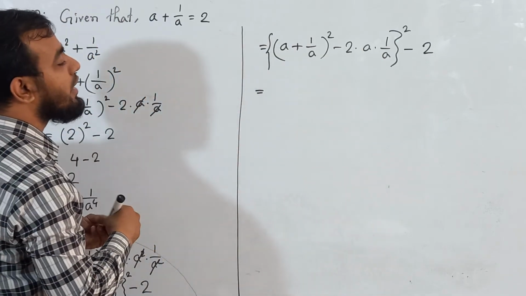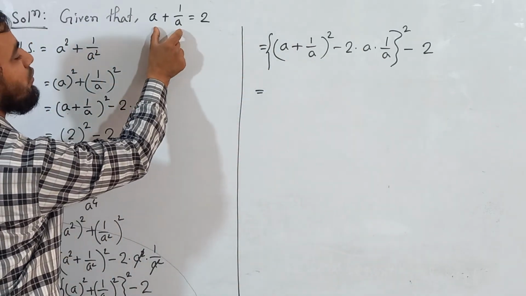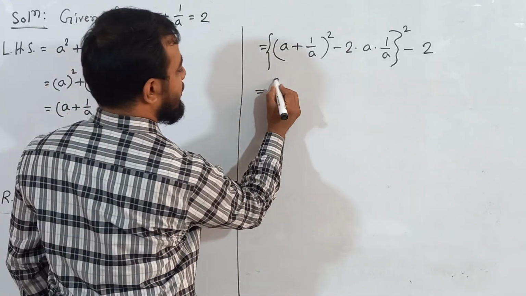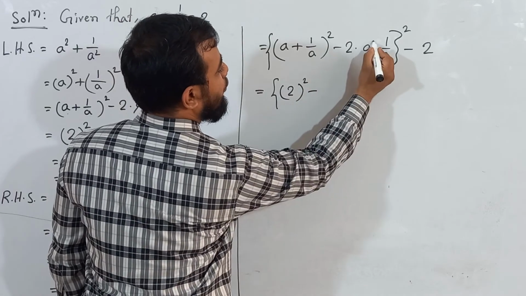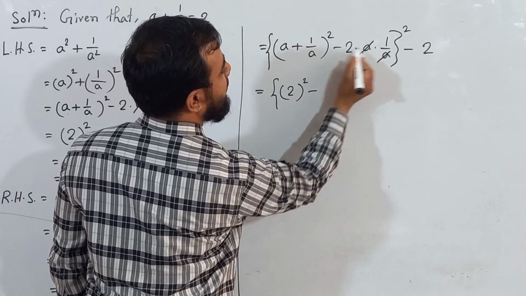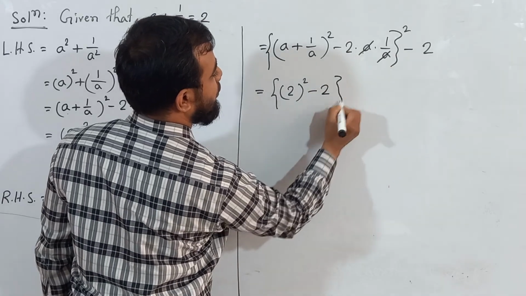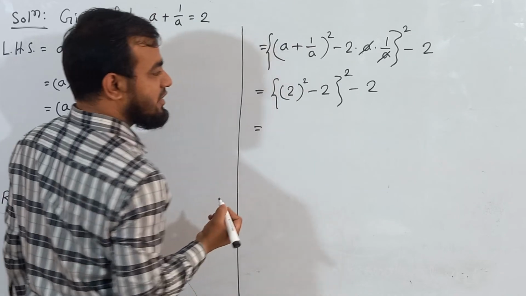Now we can put the value of a plus 1 over a here. A plus 1 over a's value is 2. So put this value: 2 squared minus 2 into a into 1 over a. It's a and a, numerator and denominator will vanish. Now 1 multiplied by 2 is 2. Whole squared minus 2. Now 2 squared is equal to 4.